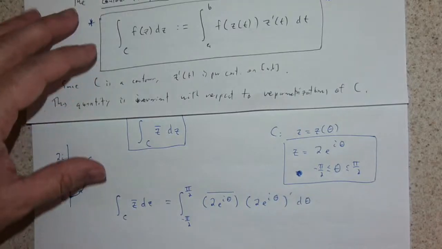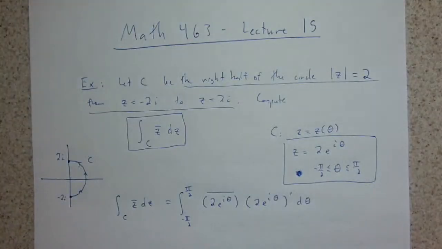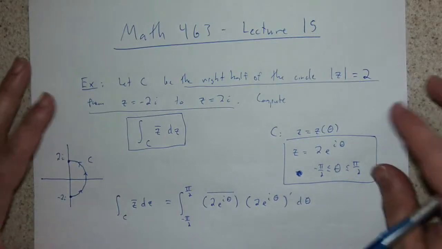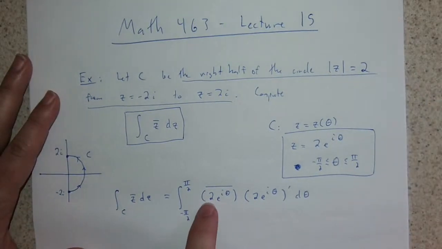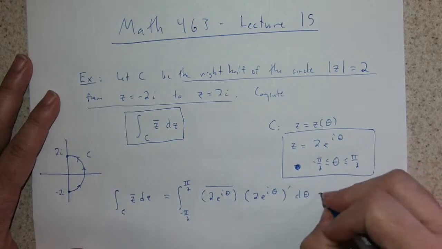Well, I can make my life a little easier here. The 2 right here and the 2 here can be pulled out. You can pull 2 out of this complex conjugate because it's a real number.